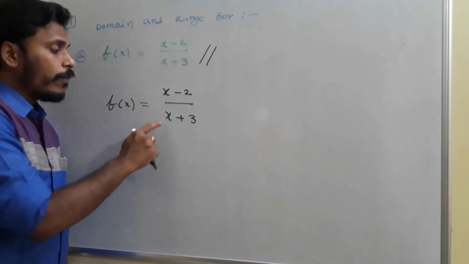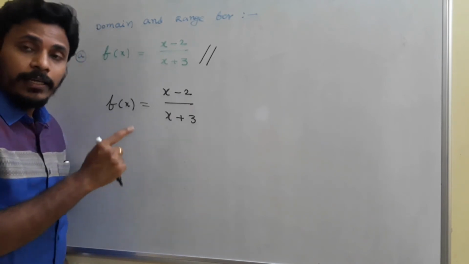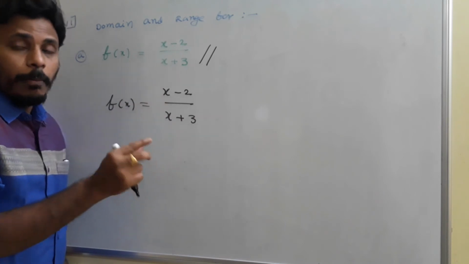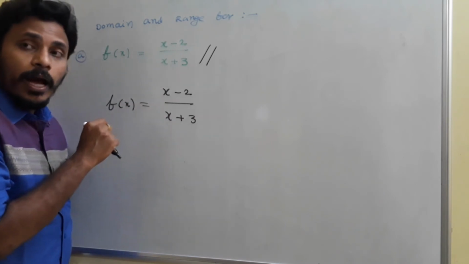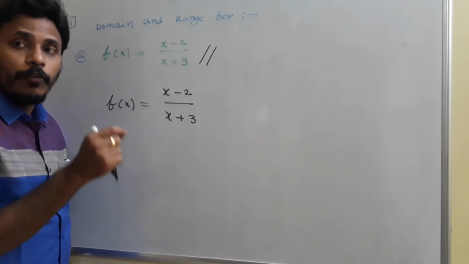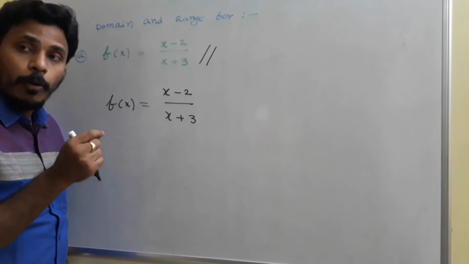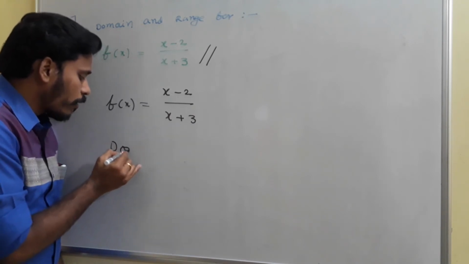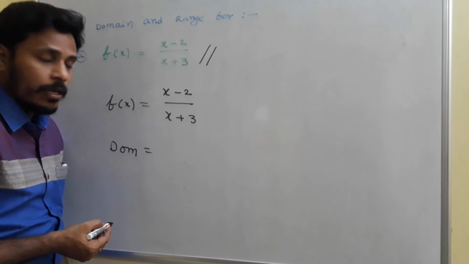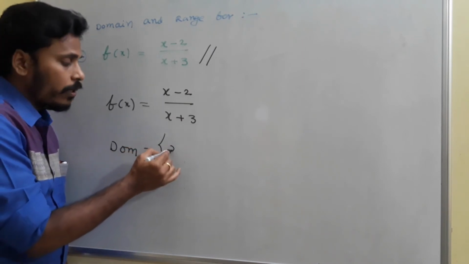But if the denominator is 0, then the value becomes infinity, but infinity is not there in reals, so you need to remove those values where the denominator of the function is 0.